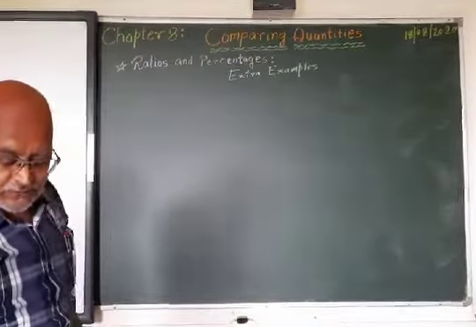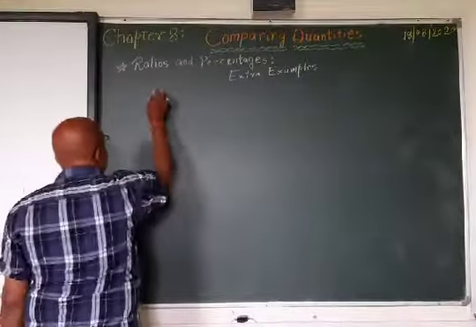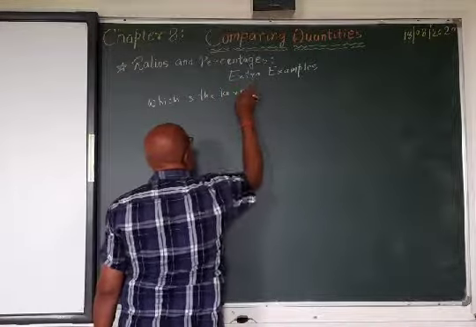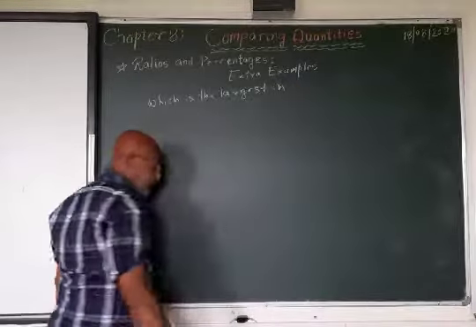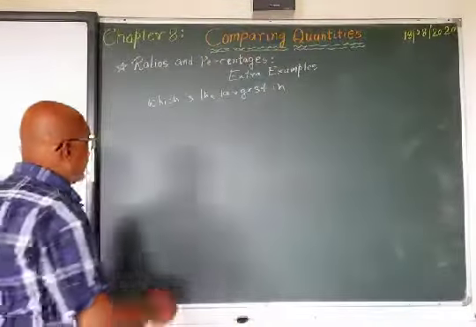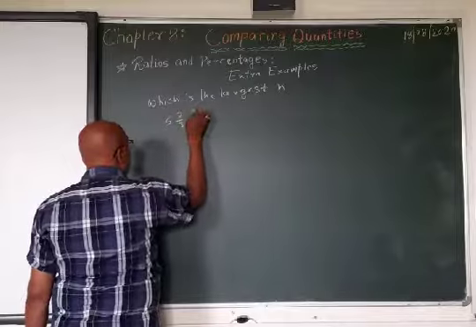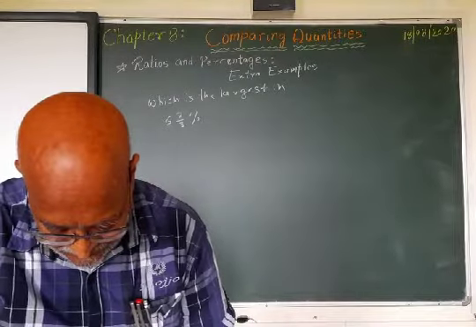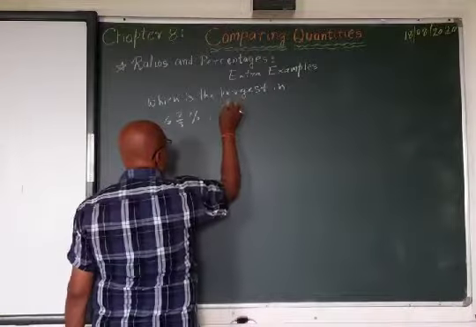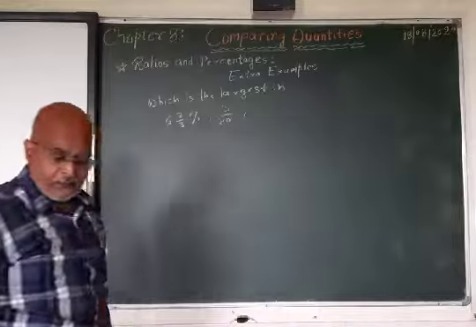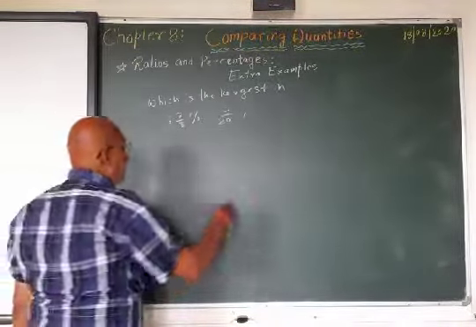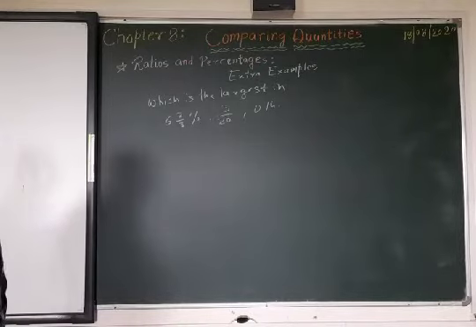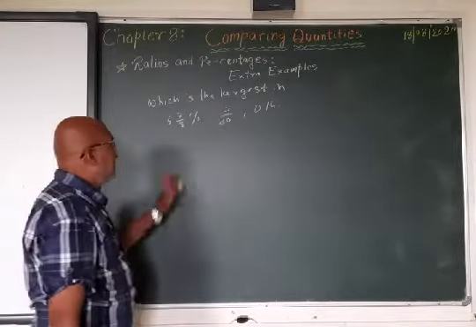So, which is the largest? 6 and 2/3%, 3/20, and the third one is 0.14. Now you have to find out which one is the largest. So the best way is to convert all into percentage.